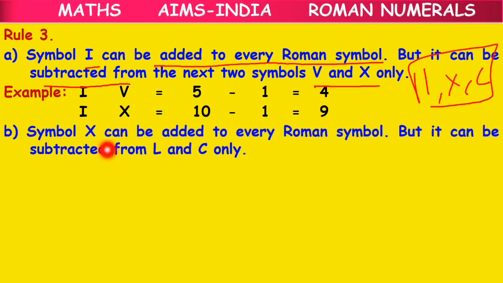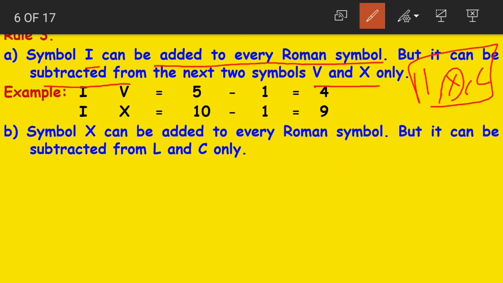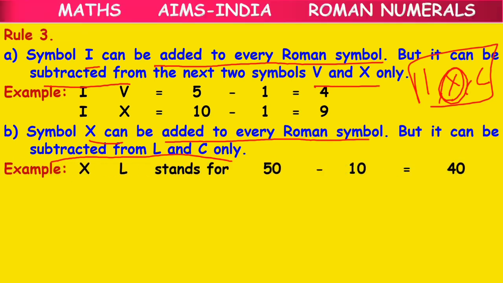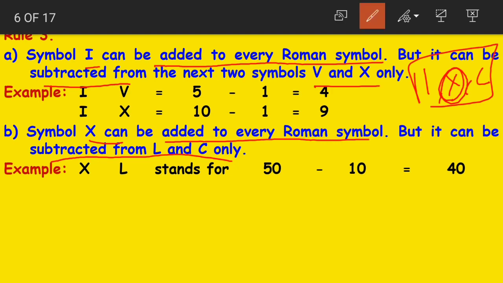The next one is symbol X can be added to every Roman numeral, every Roman symbol, but it can be subtracted from L and C only. Okay, L and C only. Like here, XL. X is equal to 10, L is equal to 50.